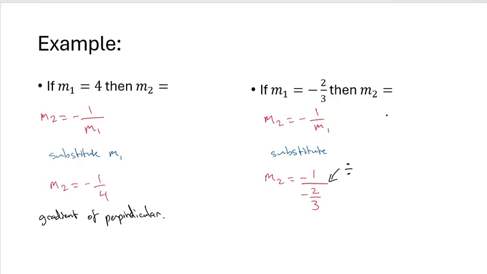So what you're going to write is negative 1 divided by negative 2 over 3. And then you apply KCF, change flip, if you remember. So if we do that, it becomes like this. And then it actually ends up being positive 3 over 2. Okay? So that's what m2 equals. Just like that.